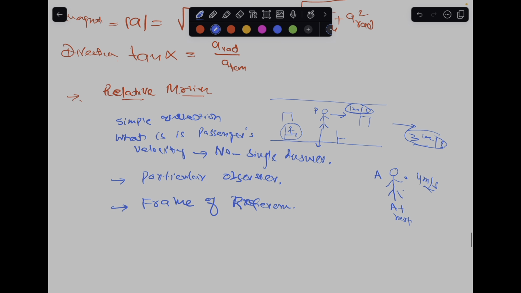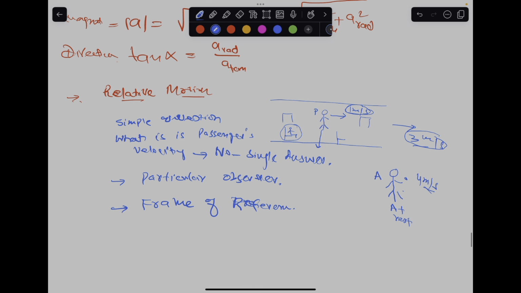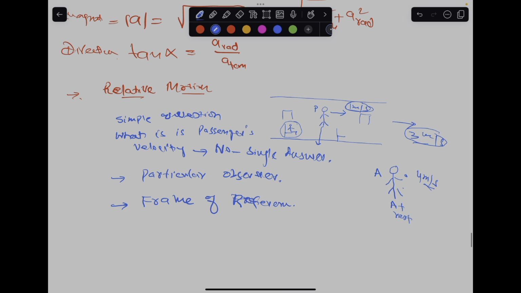Okay, so now we're going to define this. Let's use the symbol A for a person outside, P for the passenger, and B for the frame of reference of the moving train.